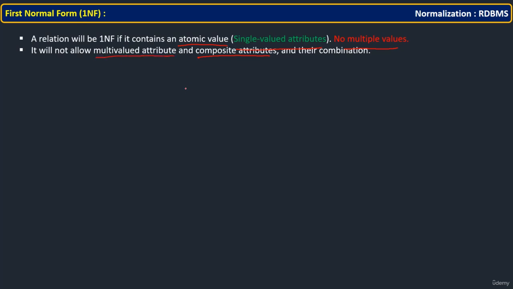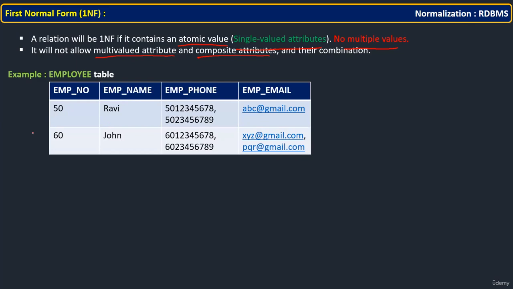For getting clarity of these words, let us take an employee table. Assume that this is the table we have. You can observe that employee number 50 has the name Ravi. When you come to the EMP phone number, he has two phone numbers.